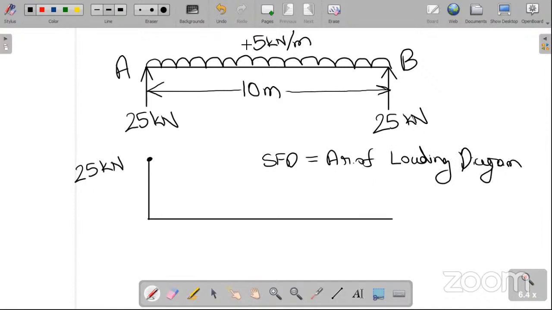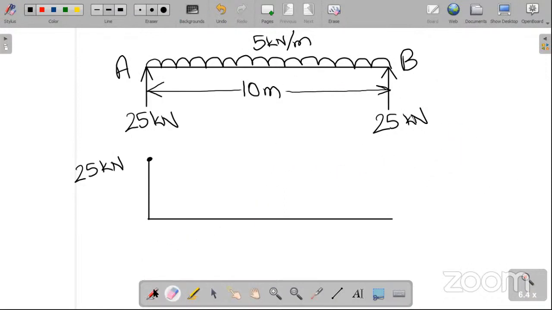Putting this in a more detailed way, at any point, if you want to find out the shear force, let's say this is A, this is B, and the center point is C. Suppose at C you want to find out the shear force.